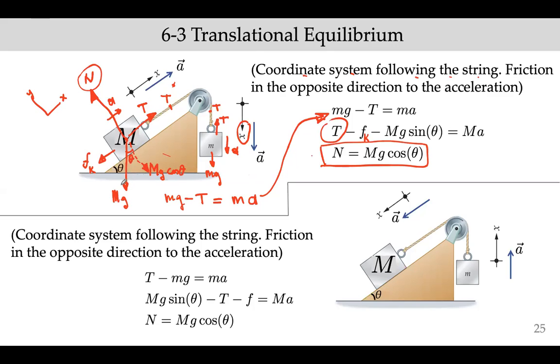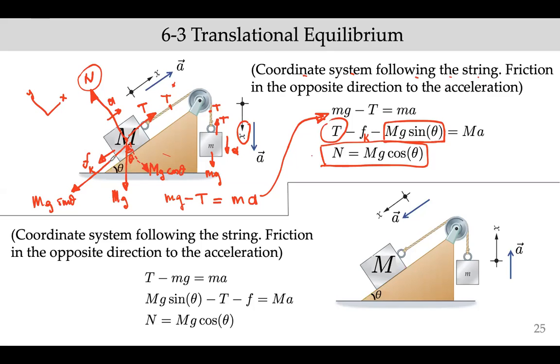And not only that, there's also the x component of Mg. Now I'm using this angle here, so this component is far away from it, so I have to use the sine theta. So Mg sine theta, and it's here. So there are three forces in the x direction.